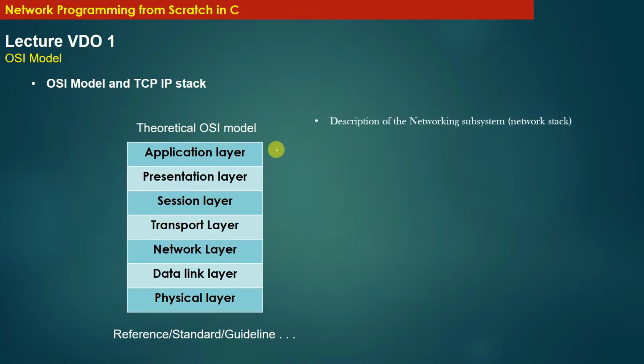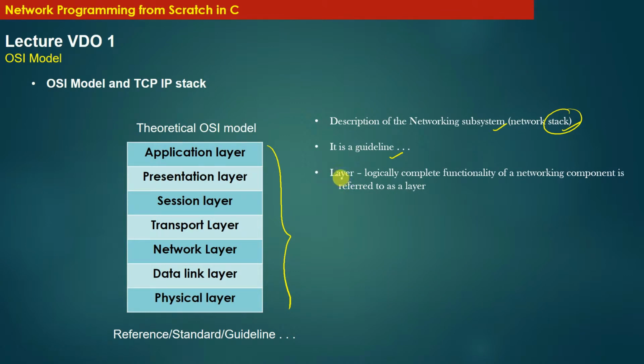So the OSI model is the description of a networking subsystem. The networking subsystem is also called a network stack. Why is it called a stack? Because the OSI model is a stack of layers, that is, the layers are put on top of one another. As I've already discussed, it is a guideline.